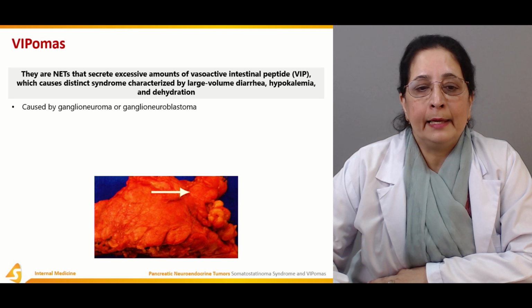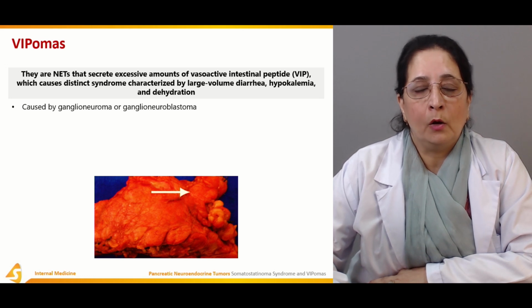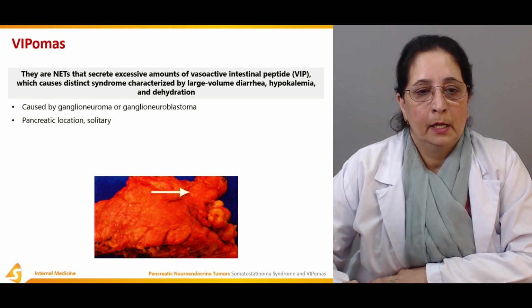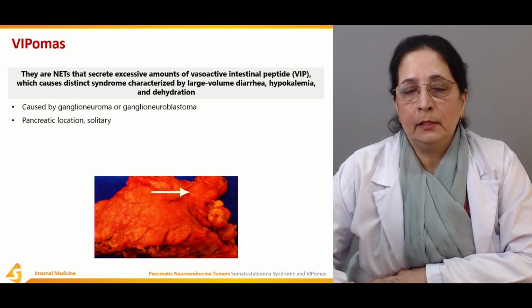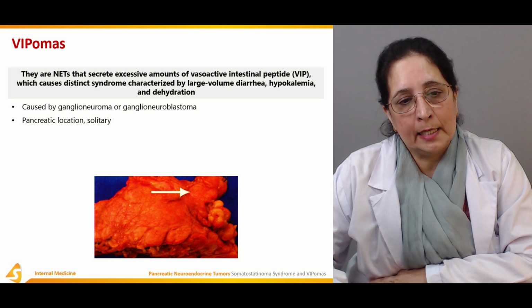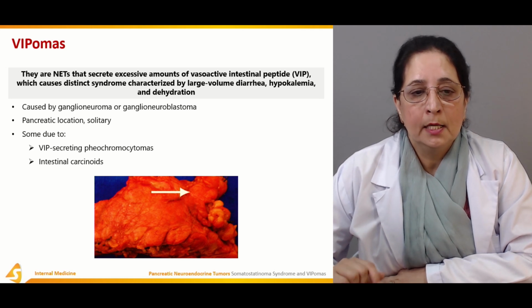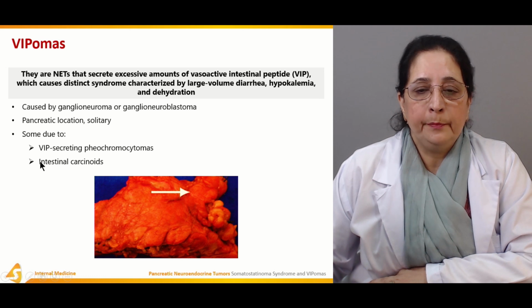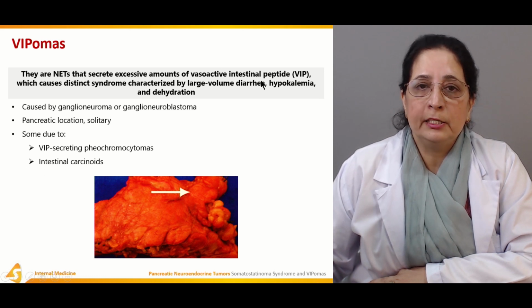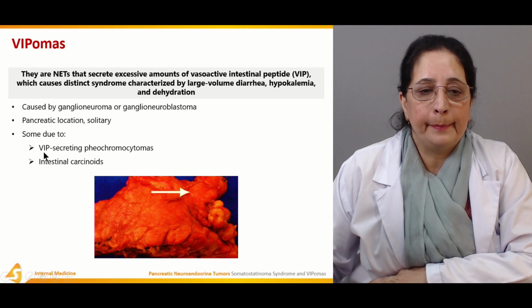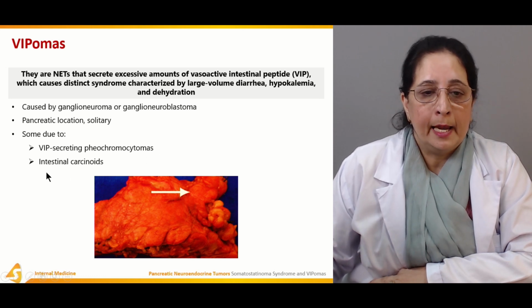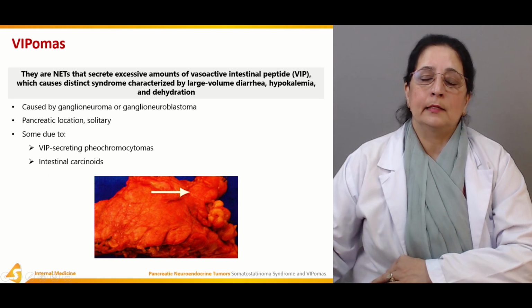It can be caused by ganglioneuroma or ganglioneuroblastoma. Pancreatic is the location and it is usually single or solitary. Some are also due to VIP, which we now know is vasoactive intestinal peptide, secreting pheochromocytomas and intestinal carcinoid.